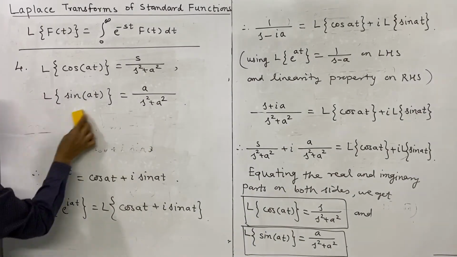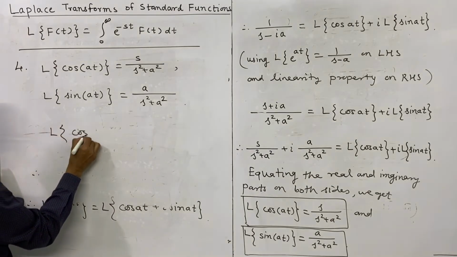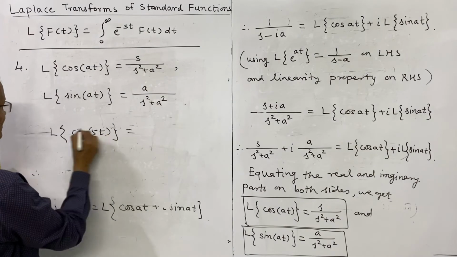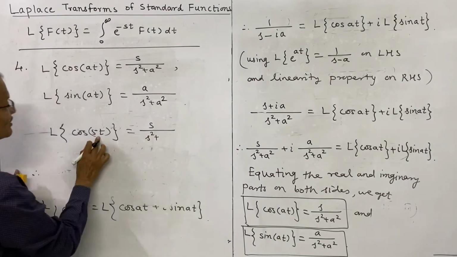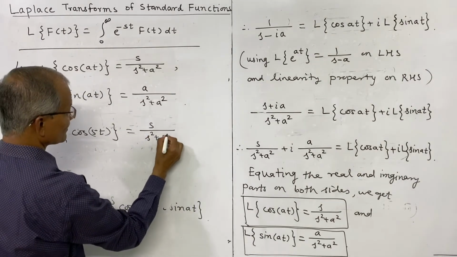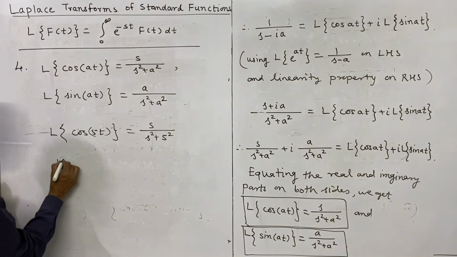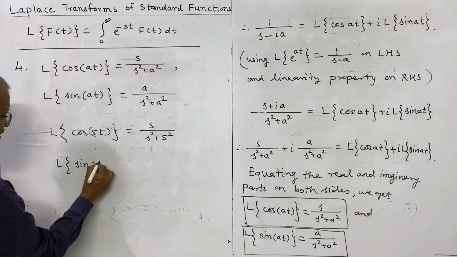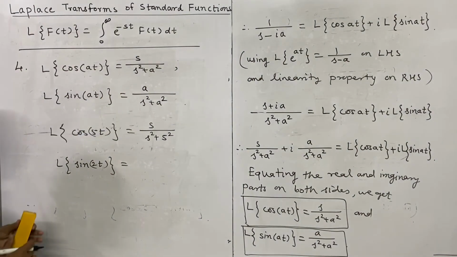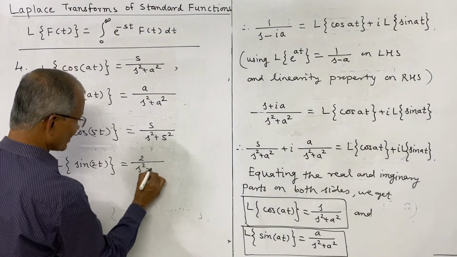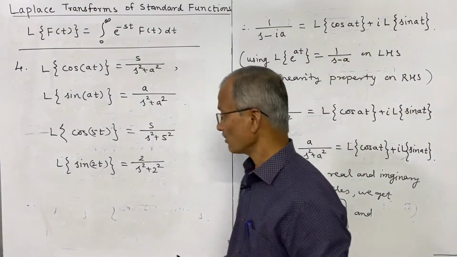For example, L of cos 5t, using the first formula, is s divided by s square plus 5 square, that is 25. And the Laplace transform of sin 2t is 2 divided by s square plus 2 square. In this way we can use these formulae.